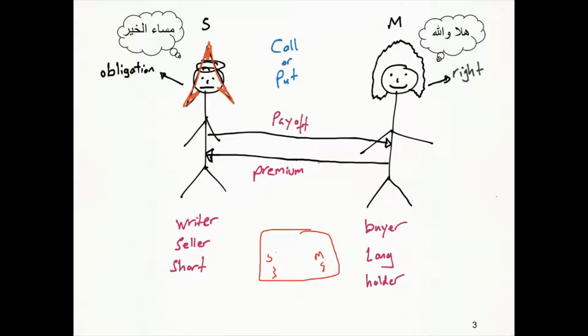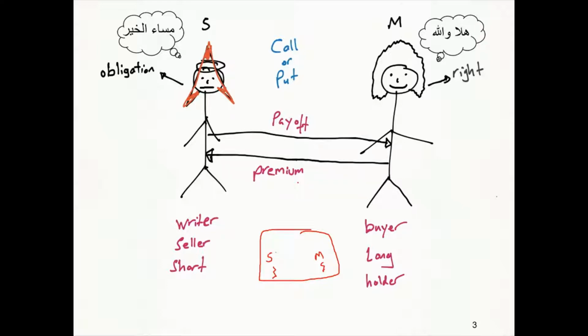Remember, because Mr. M, the buyer, paid the premium, he has the right to exercise the option, but not the obligation. If he chose not to exercise the option, then Mr. S will do nothing. But if he chose to exercise the option, then Mr. S, the writer, has the obligation to execute the transaction.